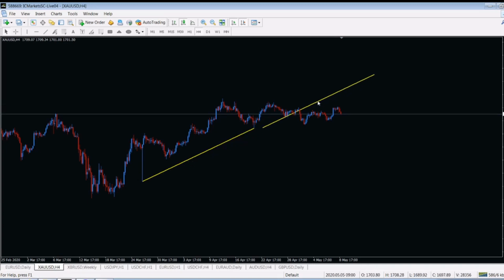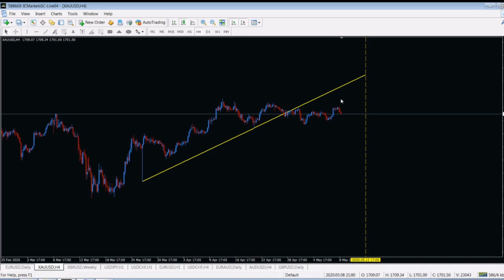So if we extend this line, we double it, we might guess that right here, on the 12th of May at 1300, GMT plus 2 or GMT plus 1 time, so it will be 1600 GMT time on the 12th of May, it might be a turning point. I'm stressing it's not 100%.